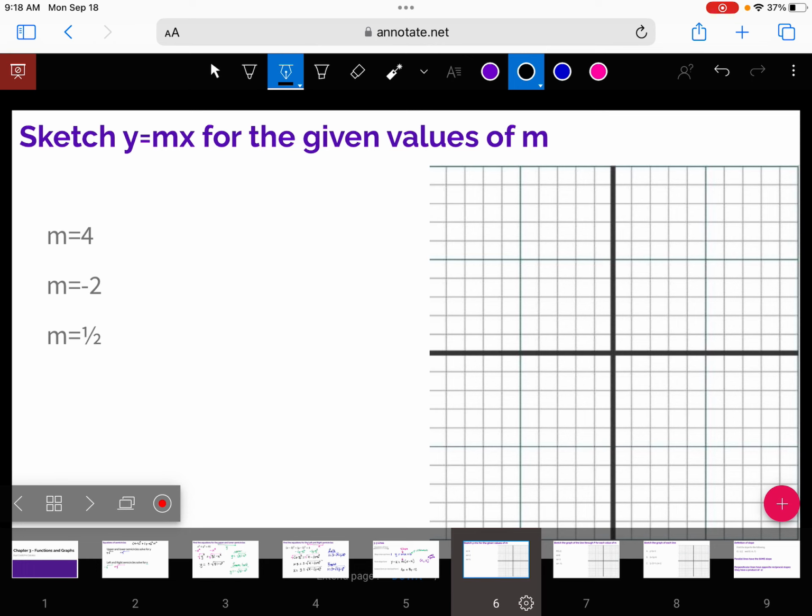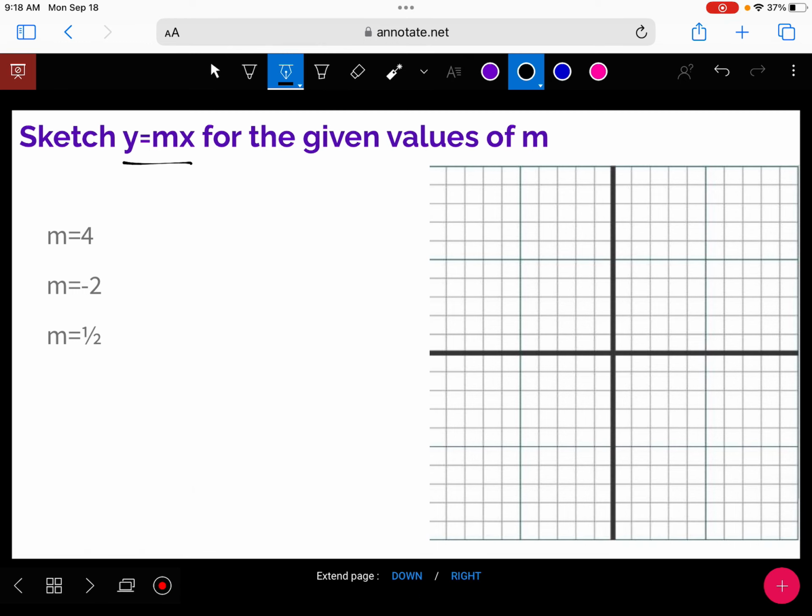So we're going to be sketching y equals mx for these slopes. We're given m. What's our y-intercept for all of these, if it's y equals mx? So for all of these lines, we have a y-intercept of 0.